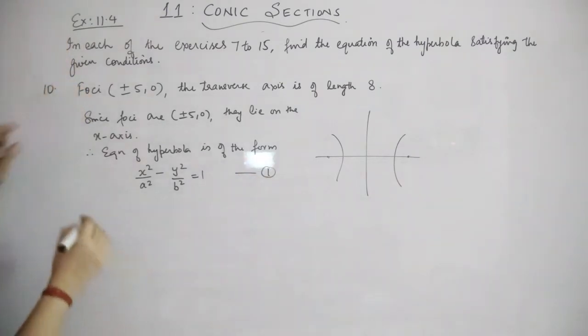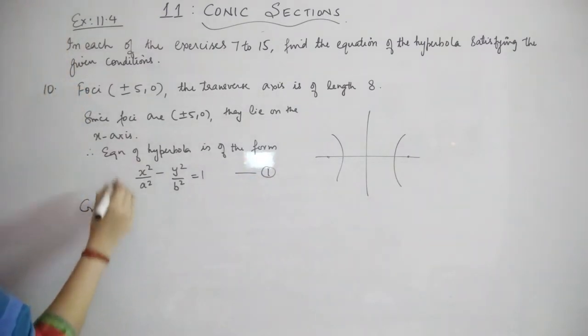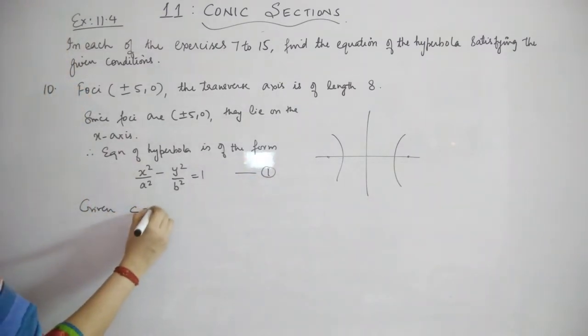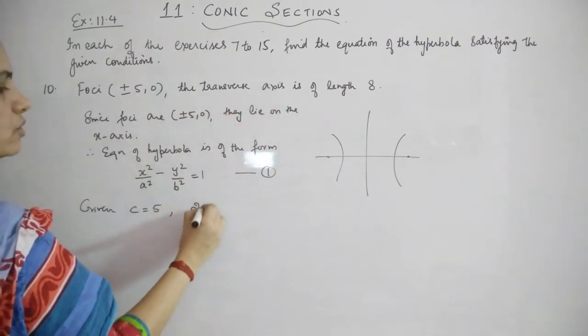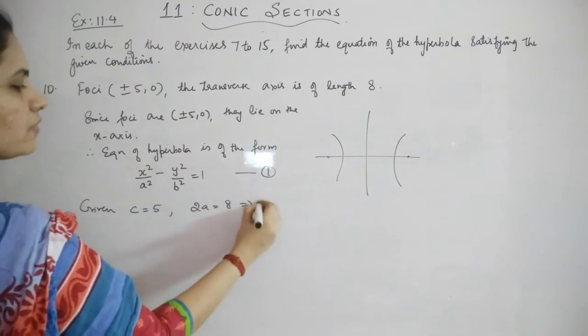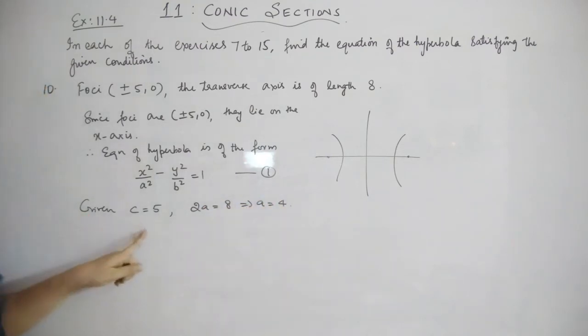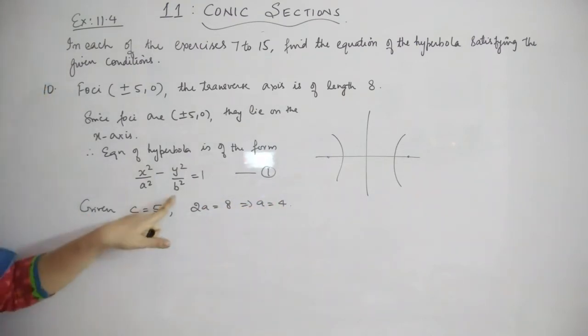Now what is given in the question? Given is foci, that means from there you will get c is equal to 5. Again the transverse axis is of length, means 2a is given to be 8, which will give you a is equal to 4. Now you have c and a, so that you can find out what is b.